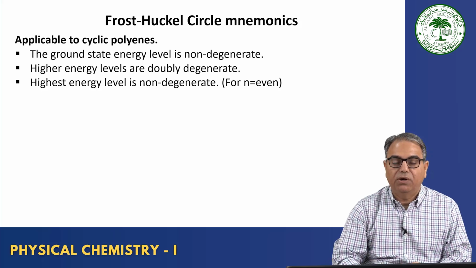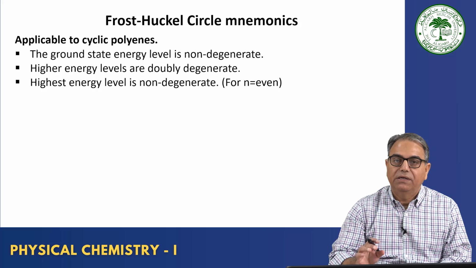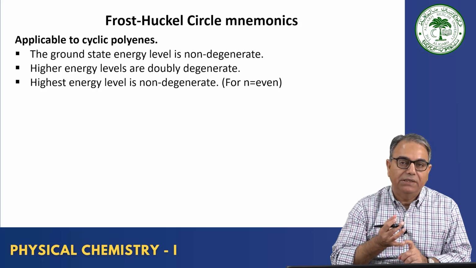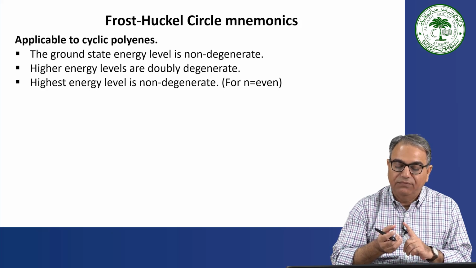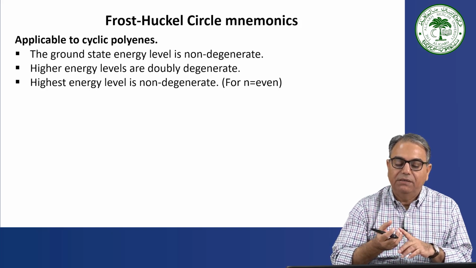In case of cyclic polyene, this is what we have observed, that the ground state level, whether it was the cyclopropenyl system, the cyclobutadiene system, or the benzene system, these three cyclic molecules we have done, and everywhere you found that the ground state energy level is non-degenerate. And if you go to higher levels, then you get a doubly degenerate set of orbitals.